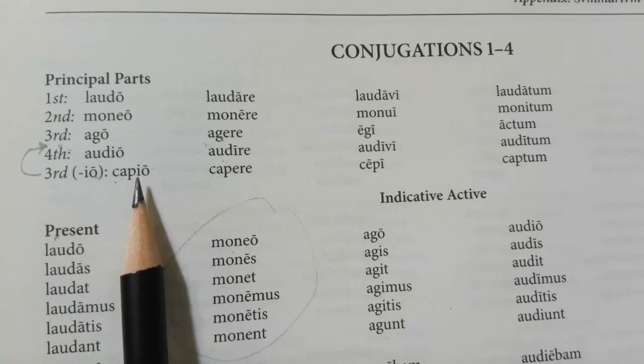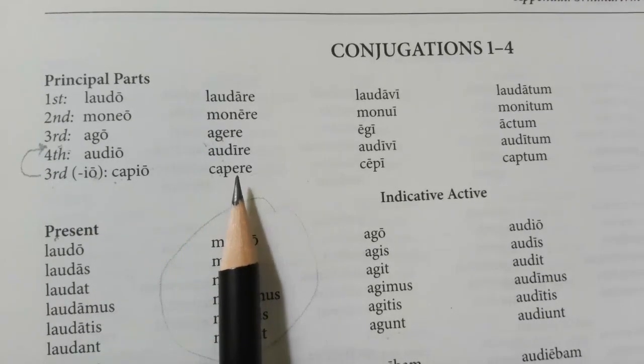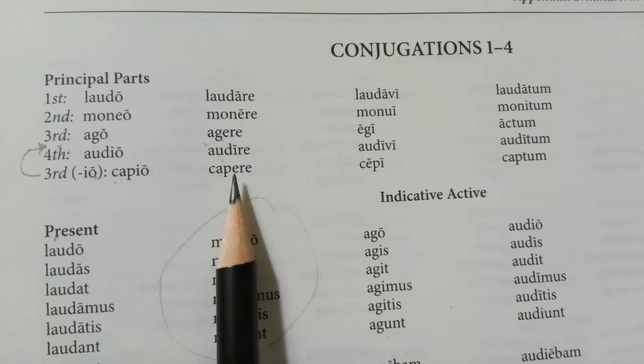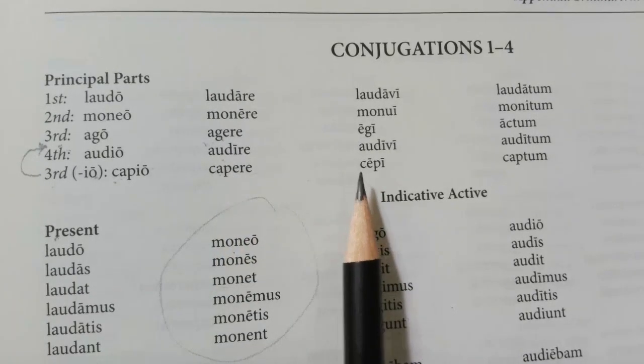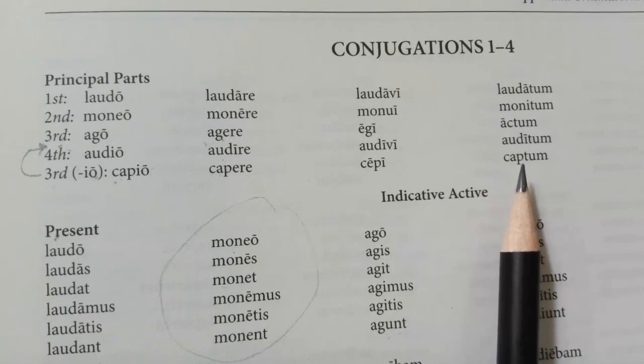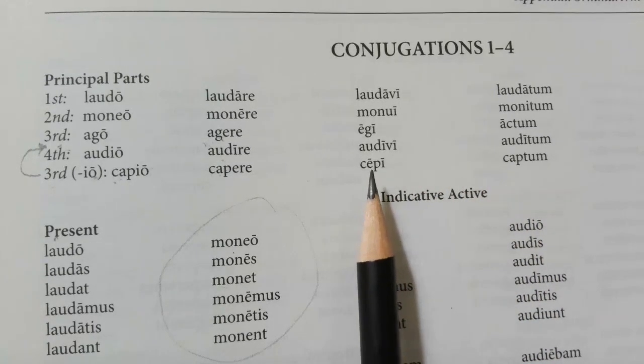Third conjugation, but io, capio, capere, short e, or a in Latin pronunciation, and then capi, and then captus. Notice something interesting here.